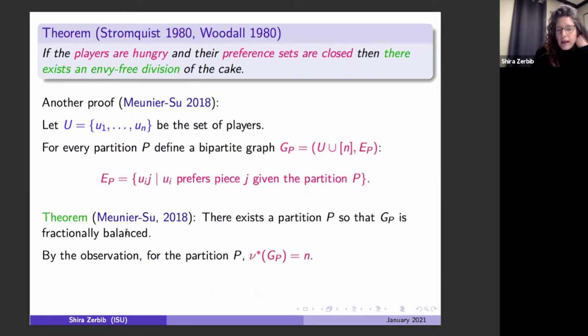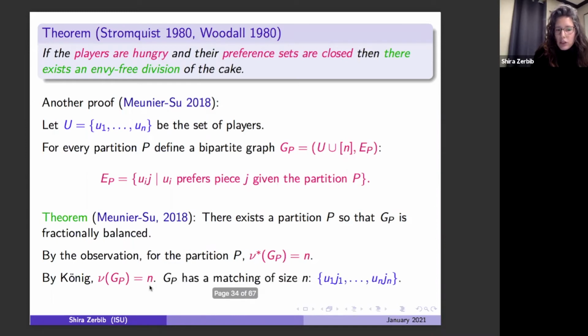By this theorem and by the observation we had before, for this partition P, the fractional matching number of G of P is n, because by the observation, the fractional matching number is the minimum side size, and here both sides are of size n. But by König's theorem, this means that the matching number of G of P is of size n.